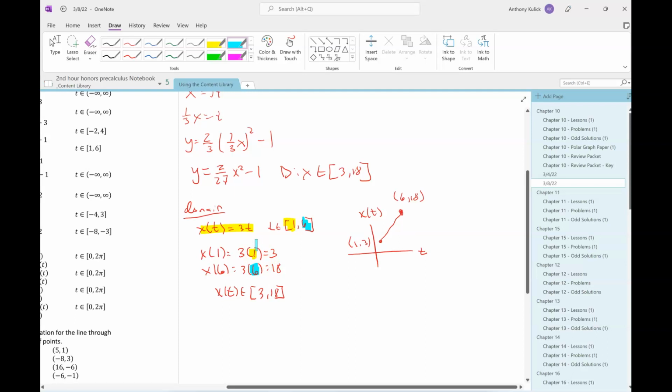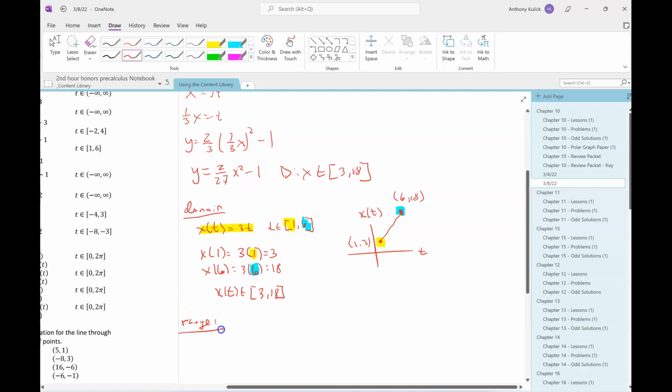I'm just using the endpoints of the function. Since we're only defined from 1 to 6 on t, that means I just have a segment, right? So all I need to do is find the endpoints of that segment for a linear function, and that'll be enough to give me the range. Yeah, okay. Sure.